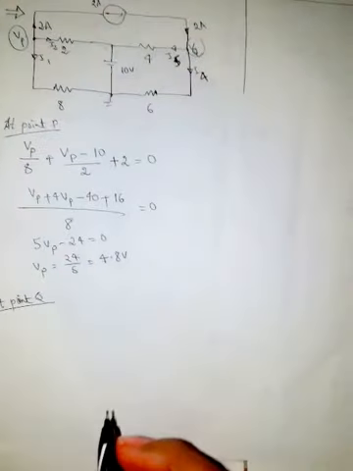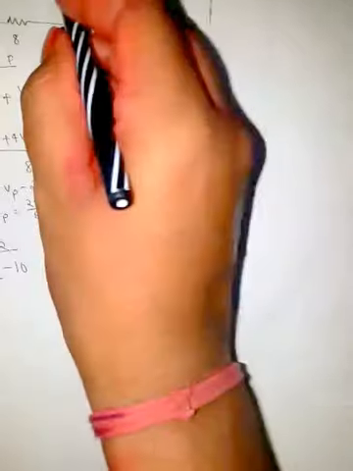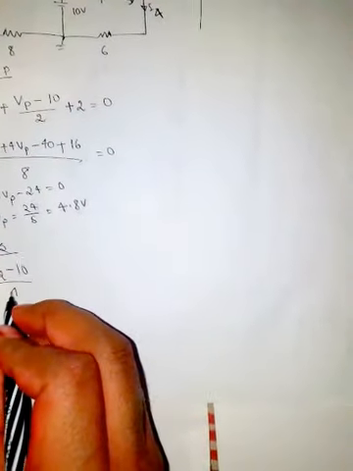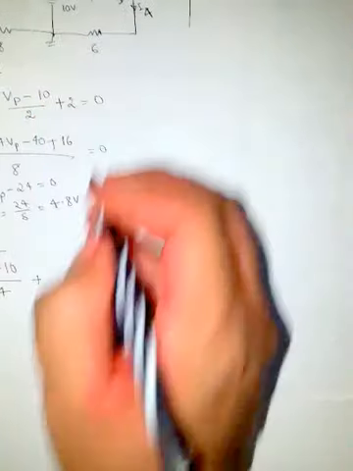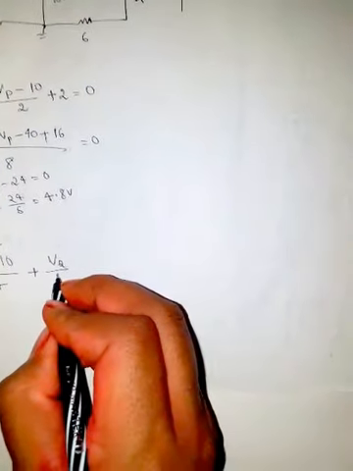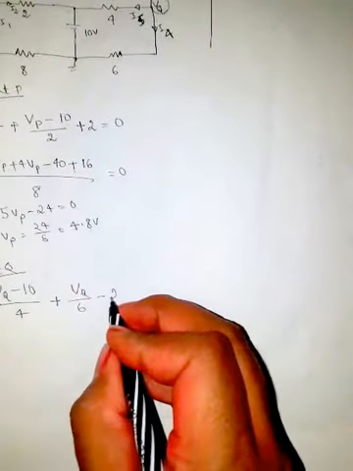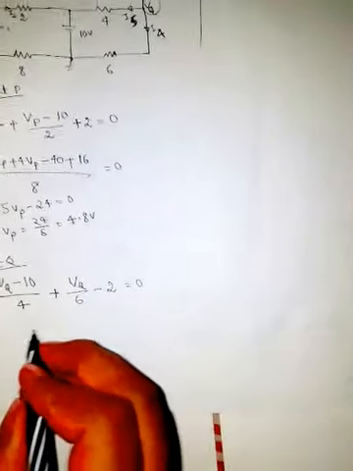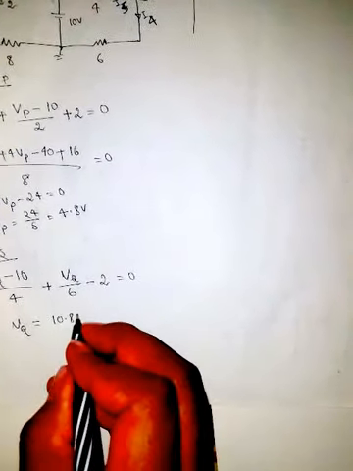So here we can write VQ minus 10 divided by 4 plus VQ minus 0 divided by 6, that is VQ by 6, minus 2 ampere, as it is inward, is equal to 0. So here we can find VQ finally as 10.8 volt.